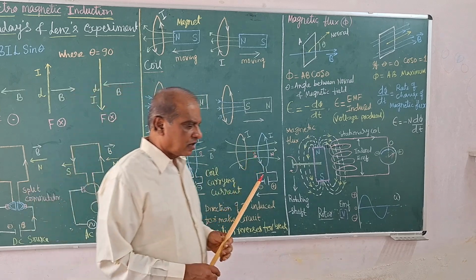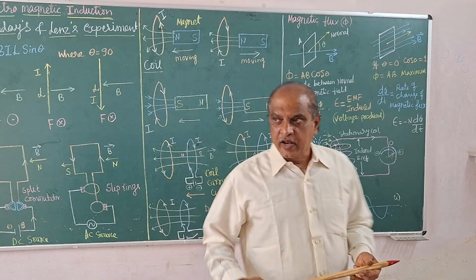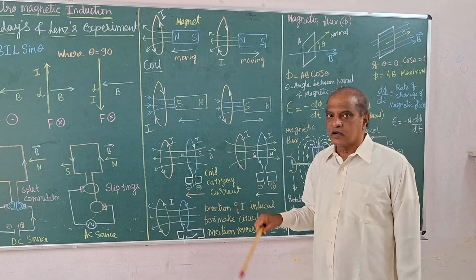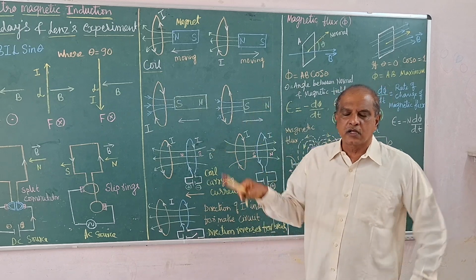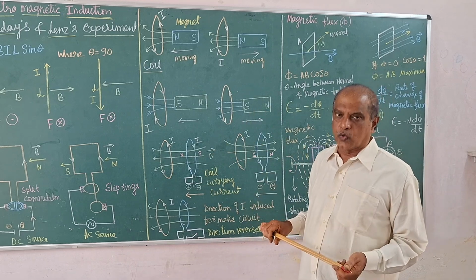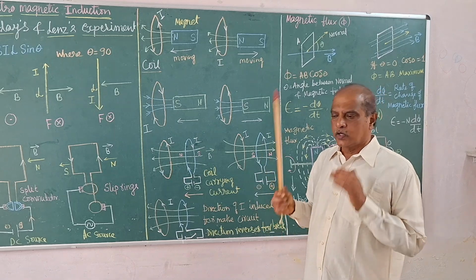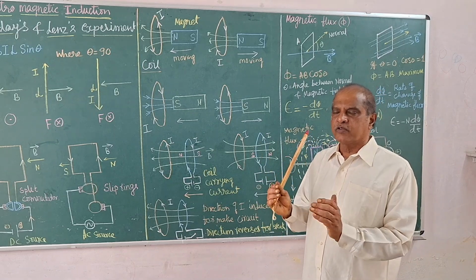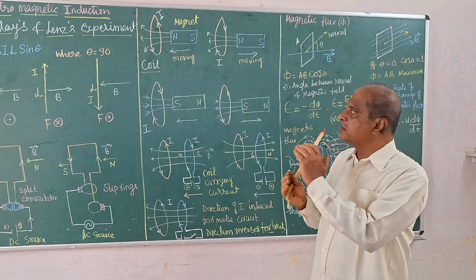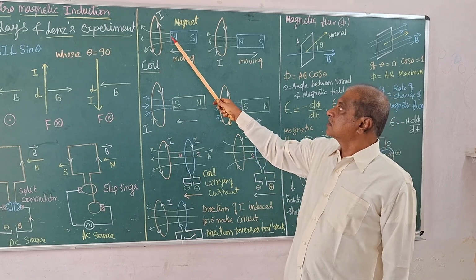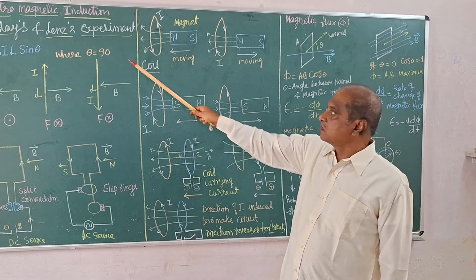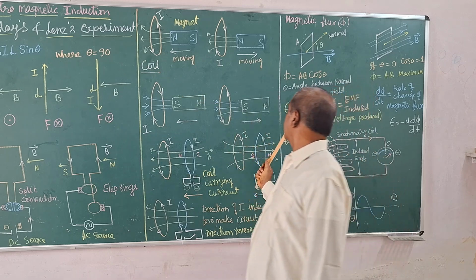That is, Lenz always says that whenever an electric current or voltage is induced in the circuit, that current induced produces a magnetic field which will oppose the change in magnetic flux which causes that. That is what Lenz explained. That is why it carries minus.